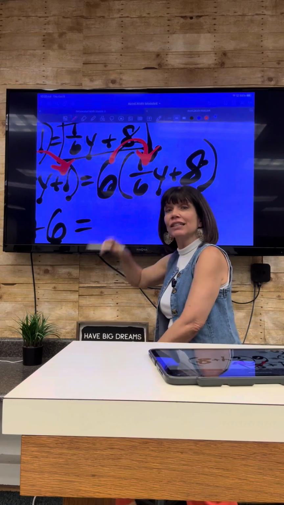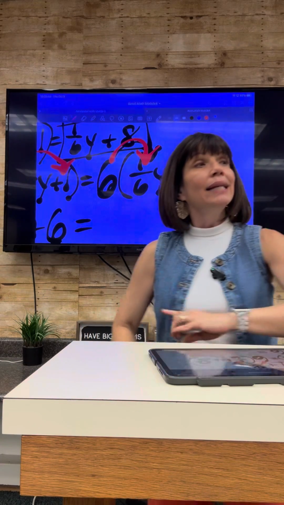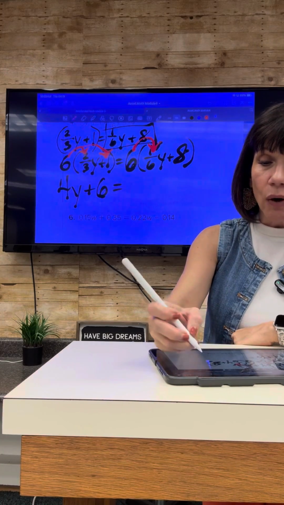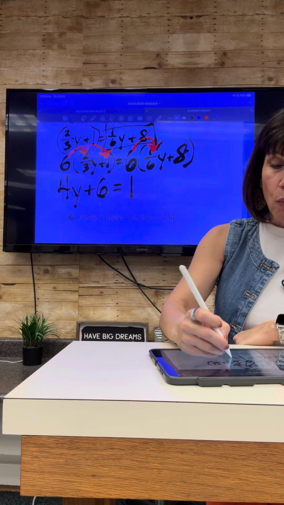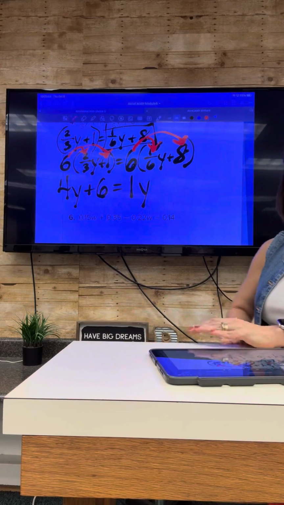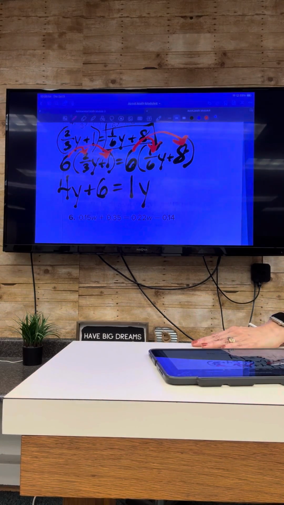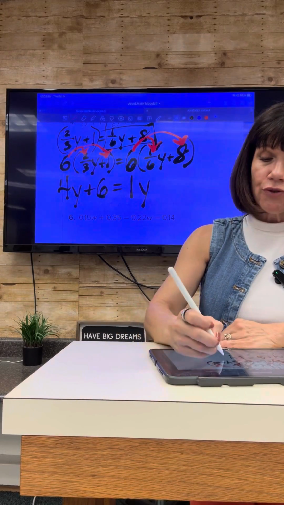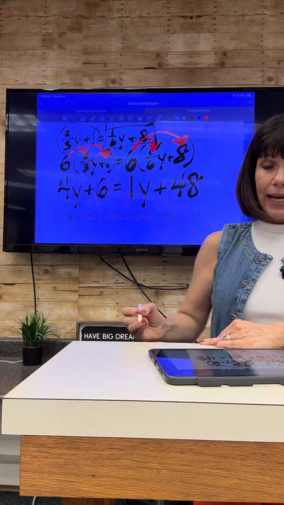And 6 over 6 is worth 1. Now, just because your brain loves to see the numbers, go ahead and write 1y, please. 1y. What shall I now multiply? Say it. 6 times 8, which would equal 48. So please write plus 48.